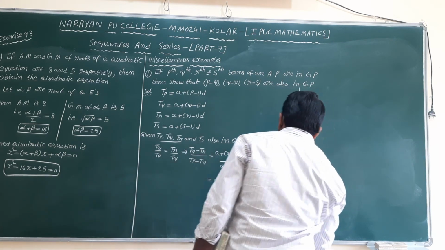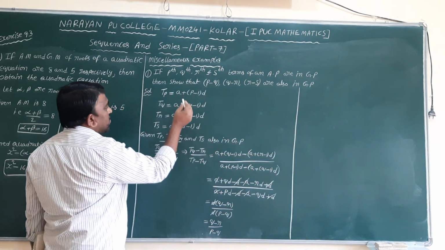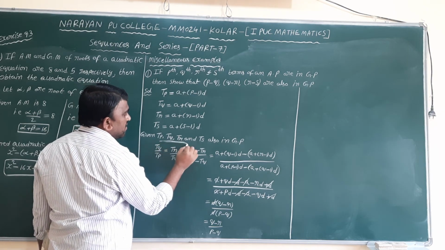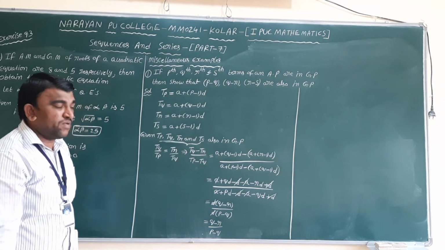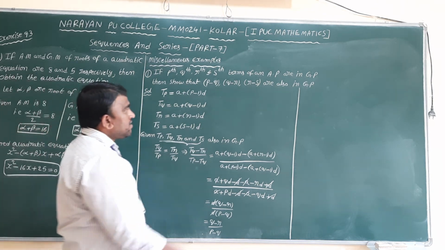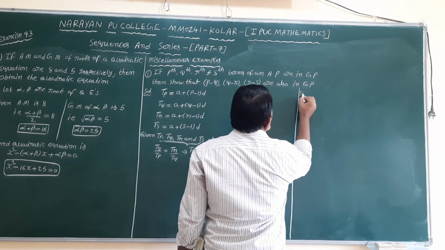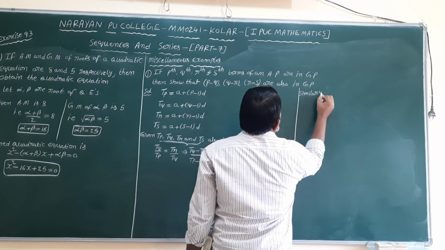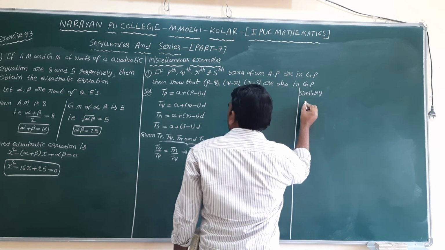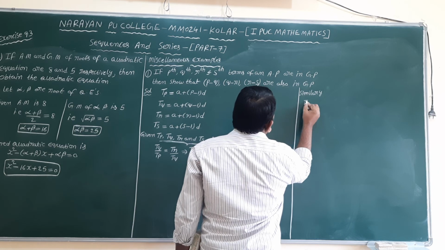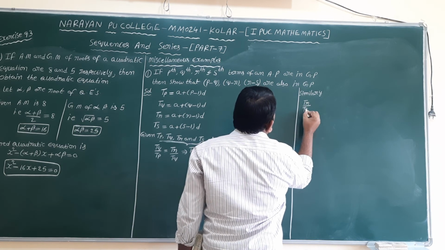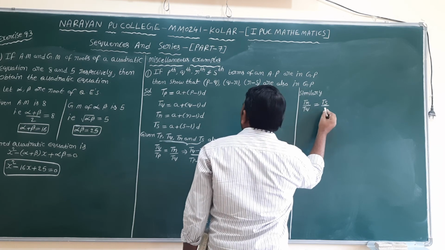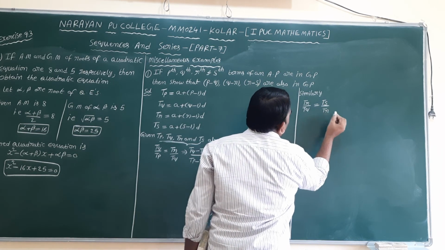Next, these three I will take: first these three and next these three, also in GP, we will apply the same thing. Similarly, Tr divided by Tq is equal to Ts divided by Tr.